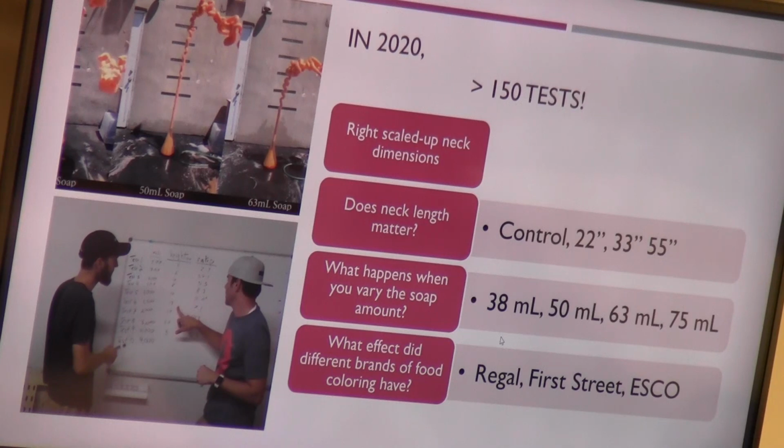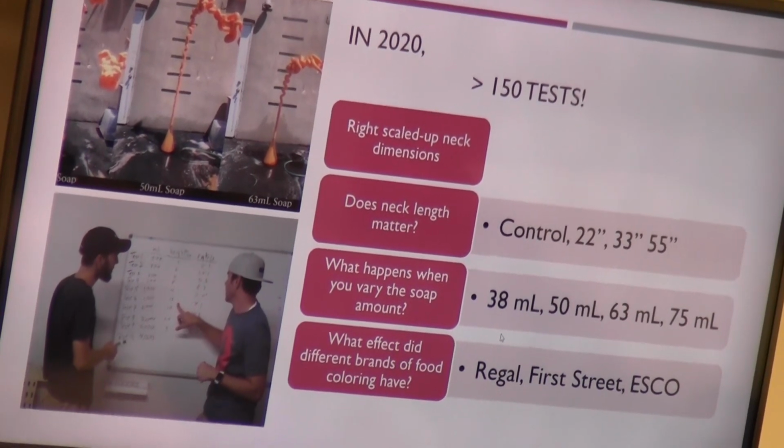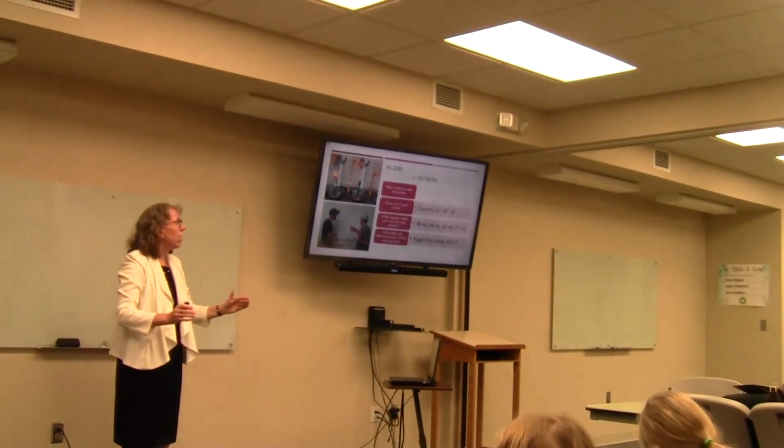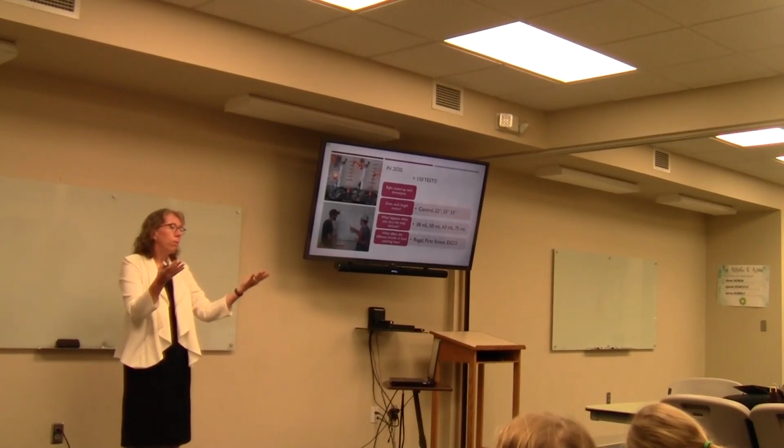And he talks about different factors that he's testing. One of the factors is the scaled up neck dimensions. He wants to use an Erlenmeyer flask to direct the eruption straight up, and to create some kind of laminar style flow where it's not all just like confetti and it's not all just like ooze.